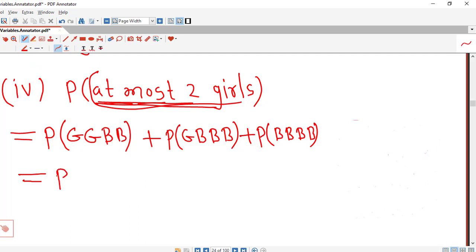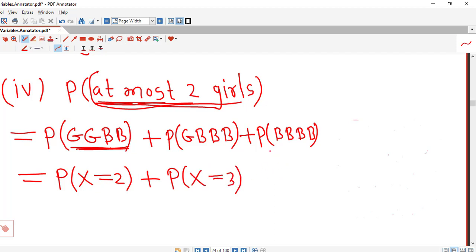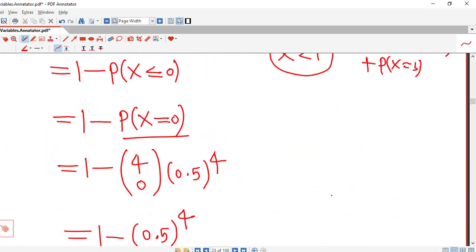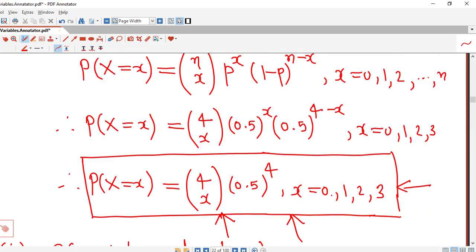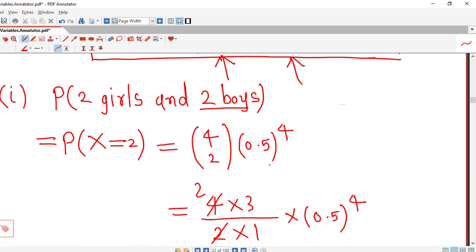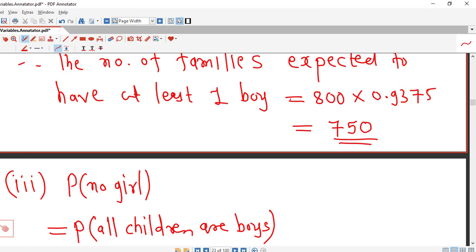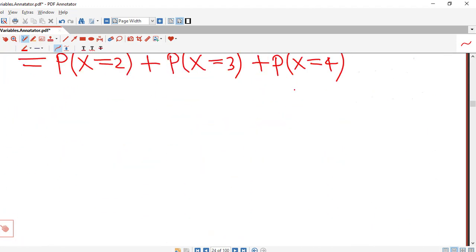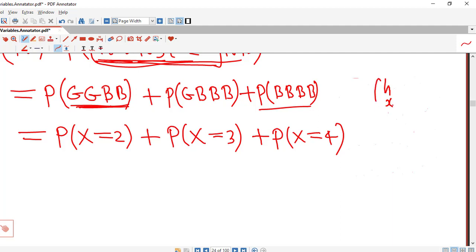There are 2 boys here, so this event can be written as capital X equal to 2. Here there are 3 boys, so this is the probability that X equal to 3, and there are 4 boys here, so this is X equal to 4. Now we use the probability mass function which we have derived: the probability that X equal to small x is 4cx 0.5 raised to 4.